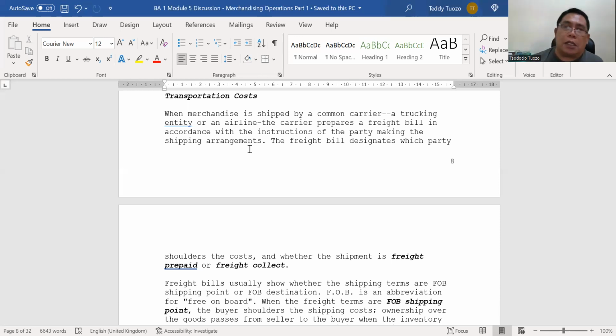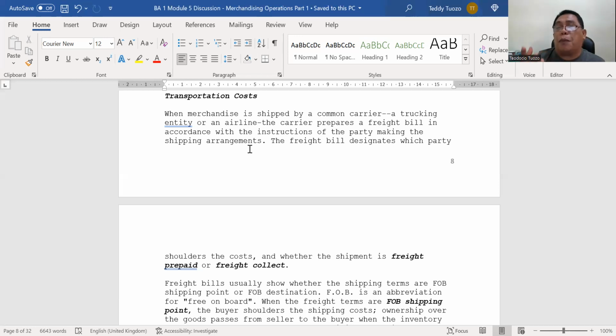The shipping terms. Kung FOB shipping point, free on board shipping point, the ownership is already transferred from the shipping point, pato sa barko, kung sa eroplano pa sa Manila, the moment that the supplier already gave it to the courier company na mag-deliver.